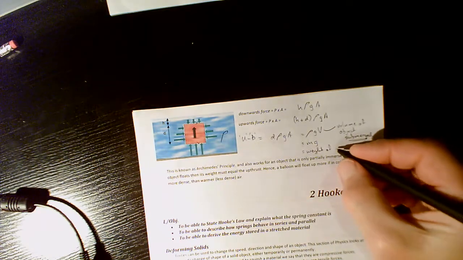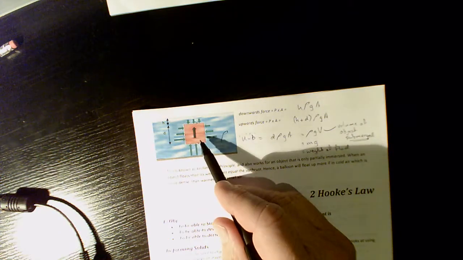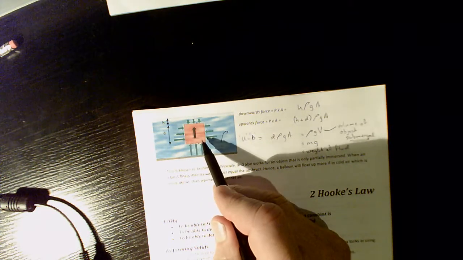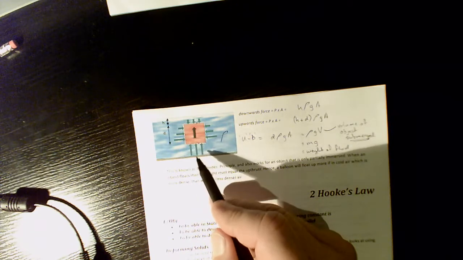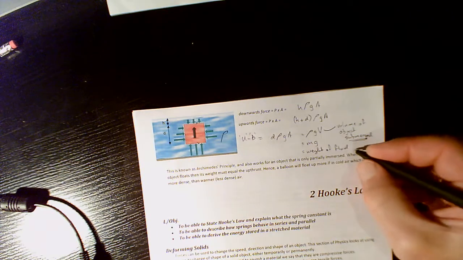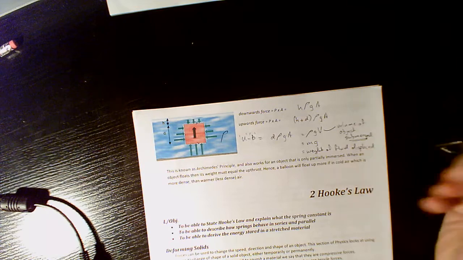So it's the weight of the fluid that is no longer there. If you've got an object that's a meter cubed, there's a meter cubed of the liquid that's gone missing, that's been pushed out of the way, and it's the weight of that that is displaced, which is equal to our upthrust.